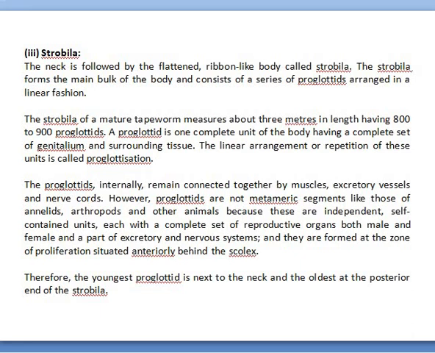However, proglottids are not metameric segments like those of annelids, arthropods and other animals, because these are independent, self-contained units, each with a complete set of reproductive organs, both male and female, and a part of the excretory and nervous systems.